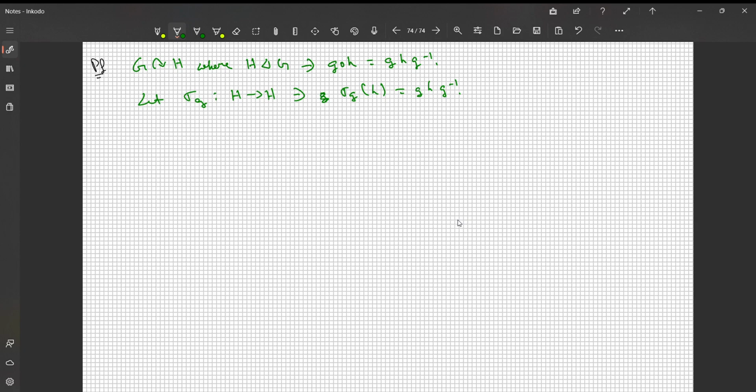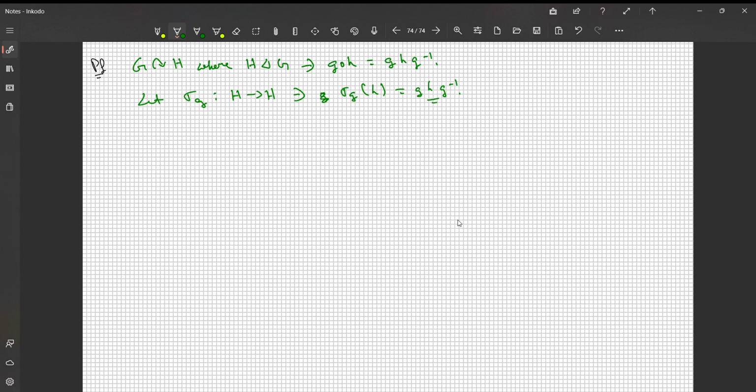Now is this a 1-1 mapping? This is trivially a 1-1 mapping by the left and right cancellation laws. This function is obviously well defined because H is a normal subgroup of G, therefore every element of this form is in H. That is the definition of a normal subgroup.